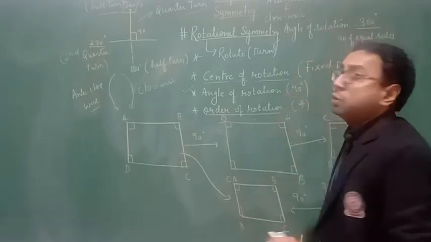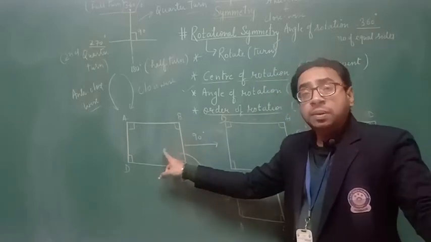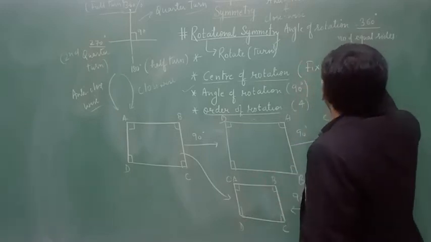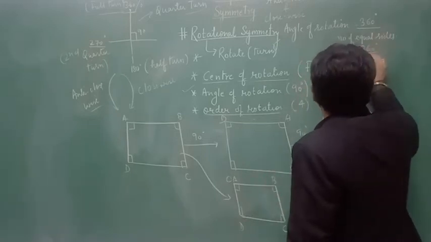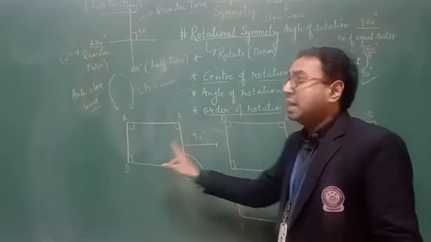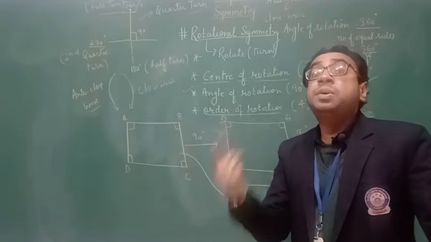Hence we will be able to find the angle of rotation. For example, square. How many sides are equal in a square? All 4 sides. Therefore, 360 degrees divided by 4, that is 90 degrees. That is why 90 degrees is the angle of rotation. After 90 degrees, it repeats the same position.